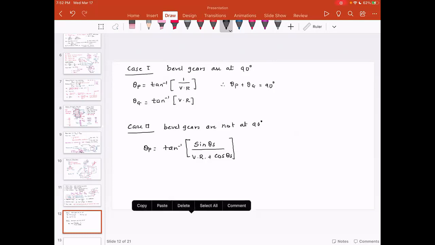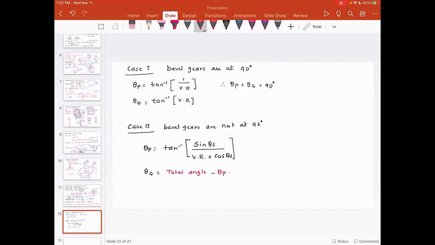And theta p2 or theta g is equal to tan inverse, or once you find theta p, the total angle minus theta p. So that is something that you should keep in mind.